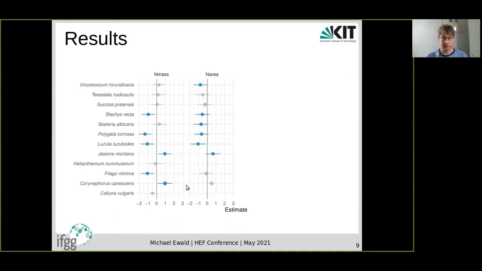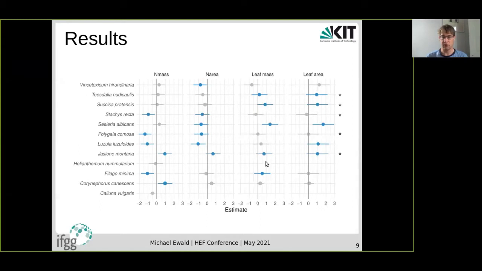And these are the results for nitrogen content in the leaves, one time at the mass basis and one time at the leaf area basis. And we see that here for the majority of the species, we observed higher nitrogen values in the historic samples than in the current samples.